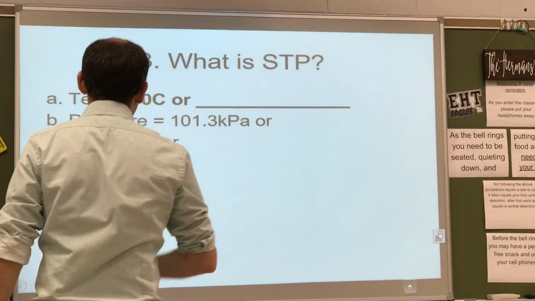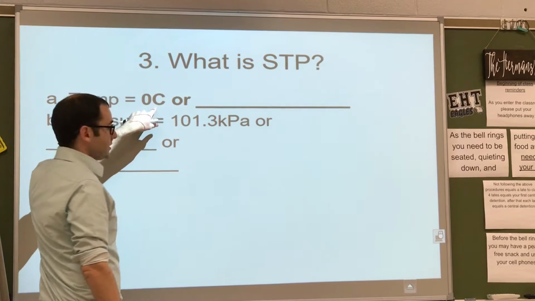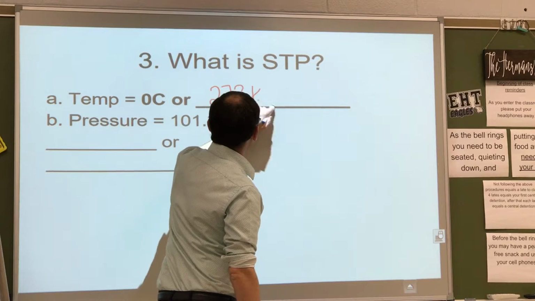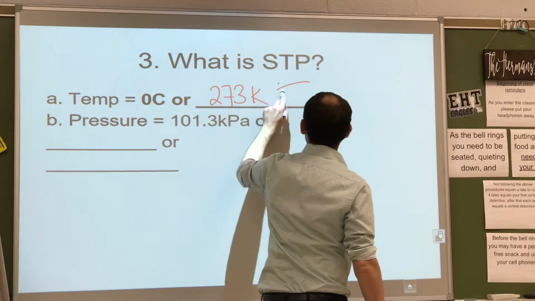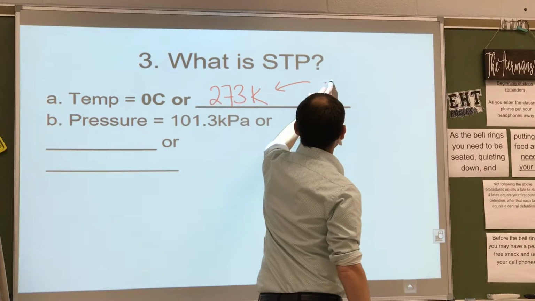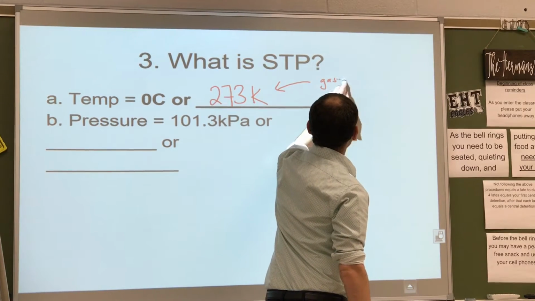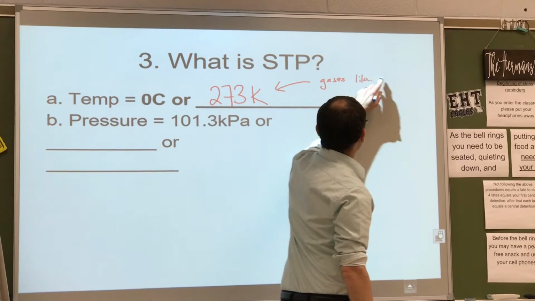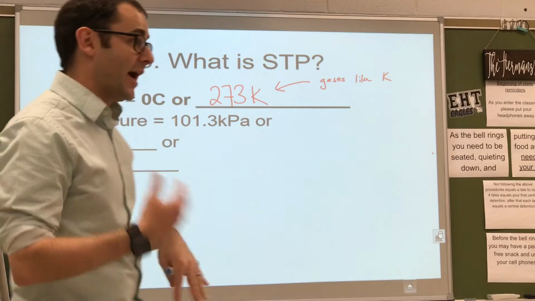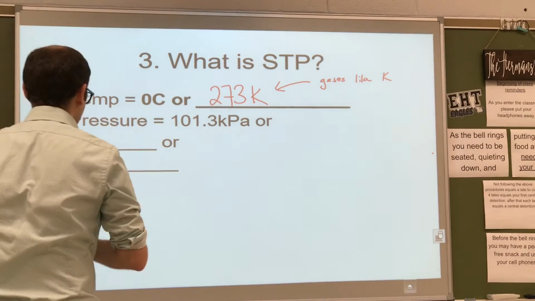Temperature-wise, it's 0 degrees Celsius or 273 Kelvin. And the reason we're talking Kelvin is because you usually use Kelvin with gases, all right? Gases like Kelvin. And we're going to talk about that a lot more later on when we get into the gas chapter. But there they are.